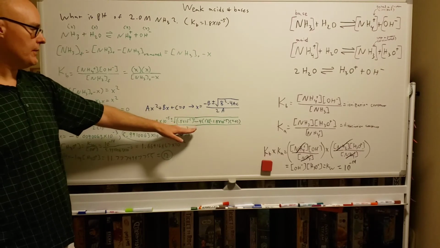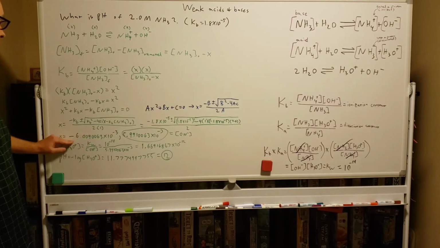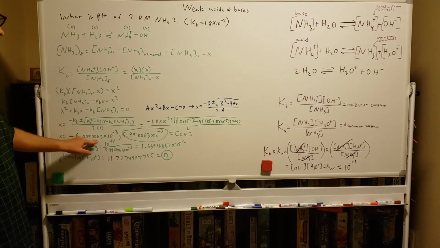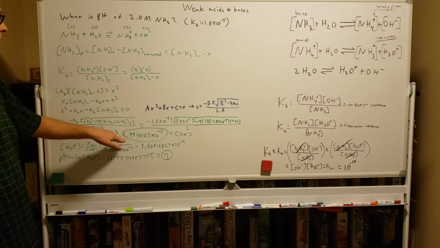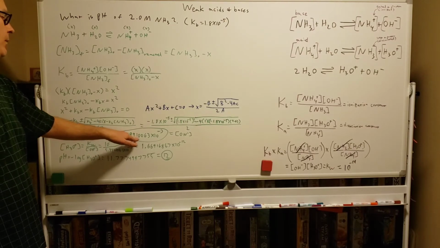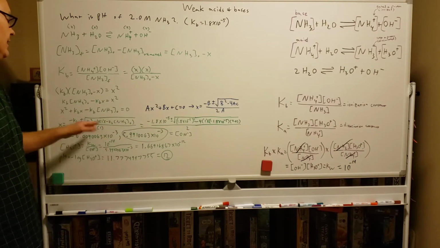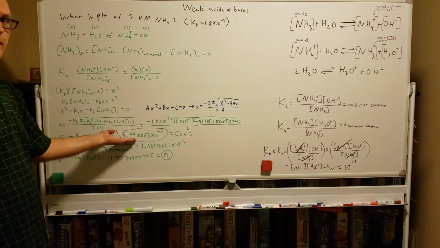Plugging in all the numbers, I end up with negative 6.009063 times 10 to the minus 3, or 5.9910063 times 10 to the minus 3. It can't be negative, it's got to be positive, therefore the positive root is my answer.